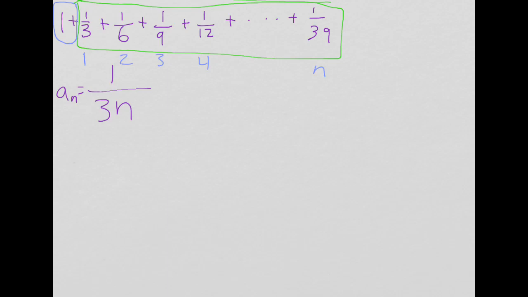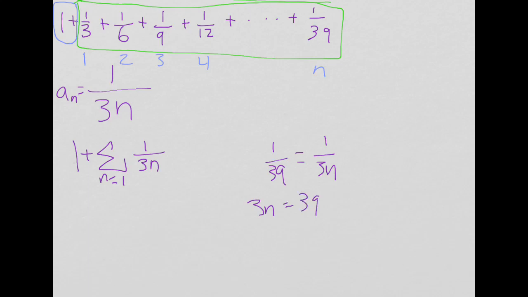So I'm going to be sneaky, and I'm going to write this as 1 plus the sum from n equals 1 up to something, I'm not sure what that n is yet, of 1 over 3n. So let's figure out how far I need to go. 1 over 39 equals 1 over 3n, so 3n equals 39, and so n equals 39 divided by 3, which is 13.